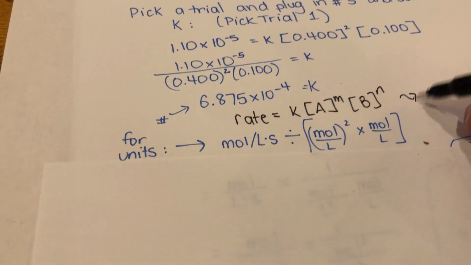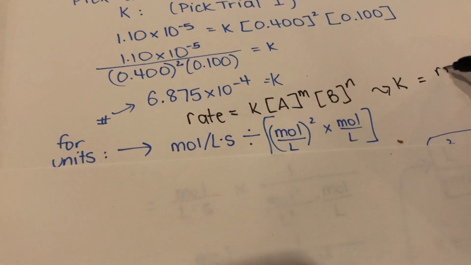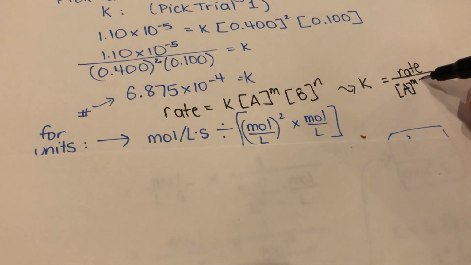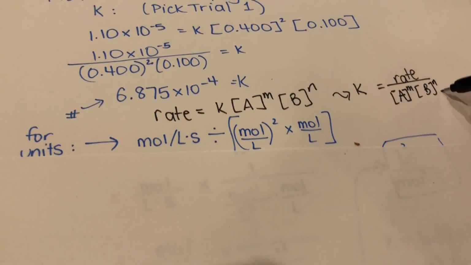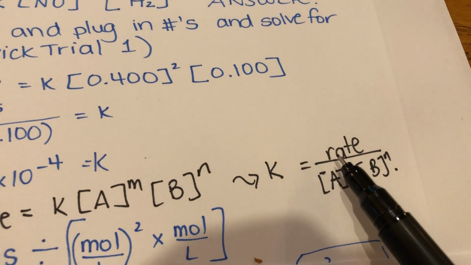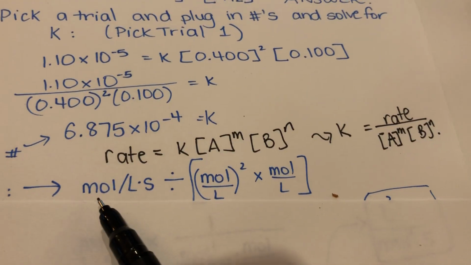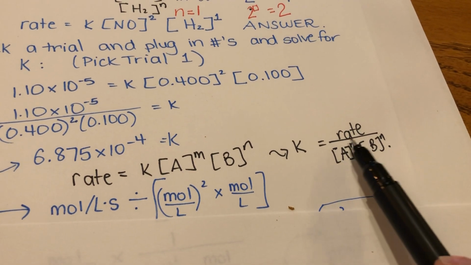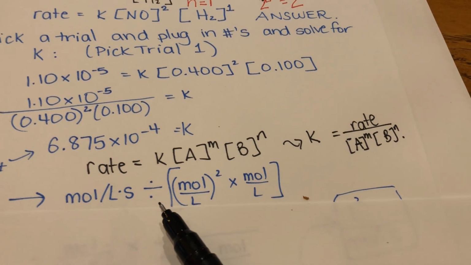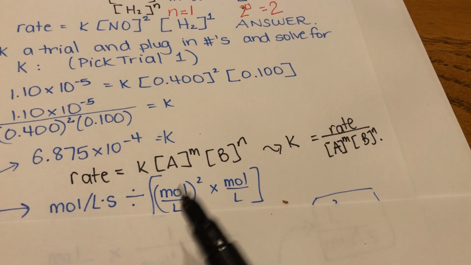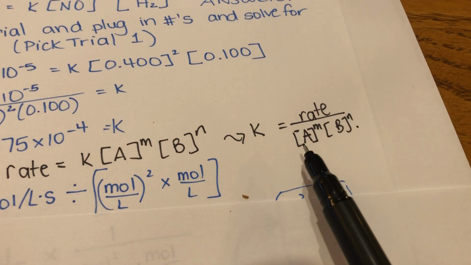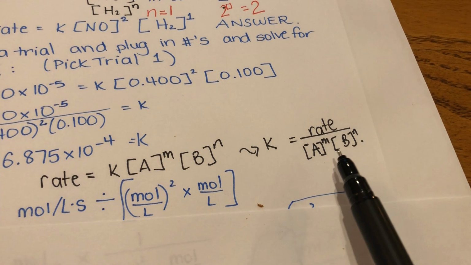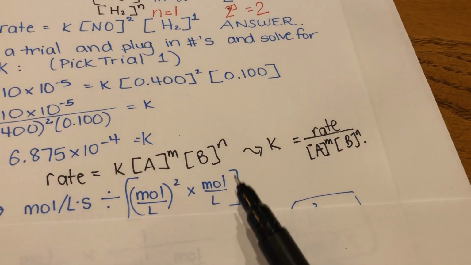Okay, so therefore K equals the rate divided by concentration. Right? So I'm just simply plugging in the units now. So the unit for rate is moles per liter times second divided by, so I change this line here to be divided by, and then square bracket, and then I'm showing you the units for concentration is moles per liter, and M is 2, times moles per liter, and then I close the square bracket.